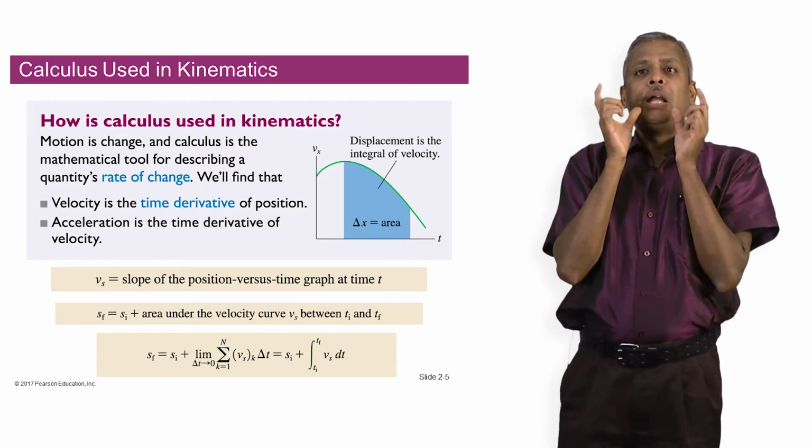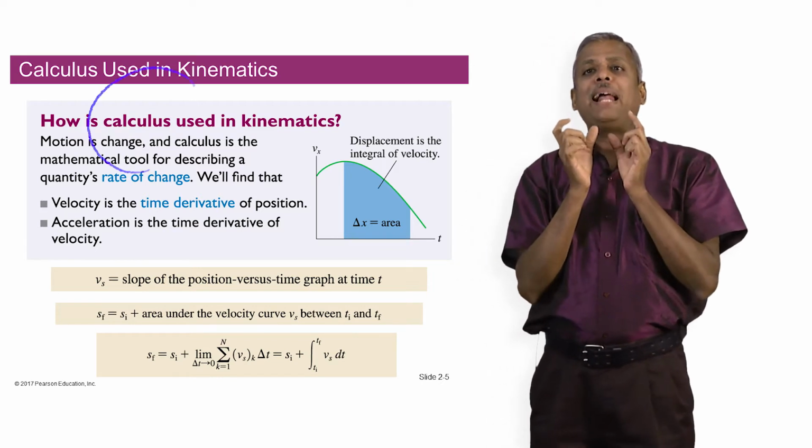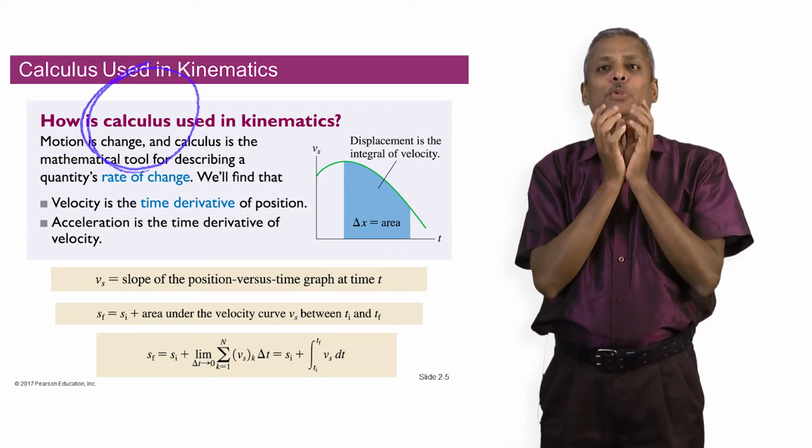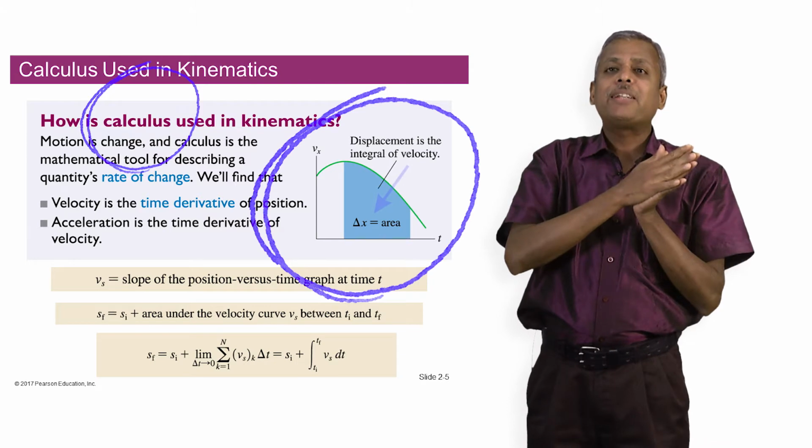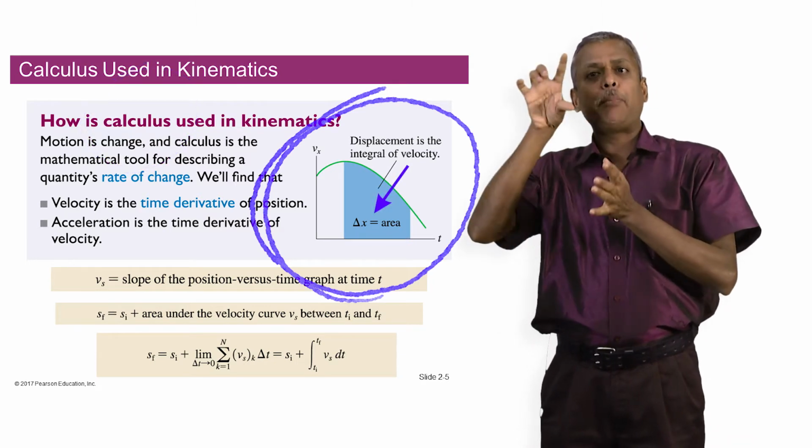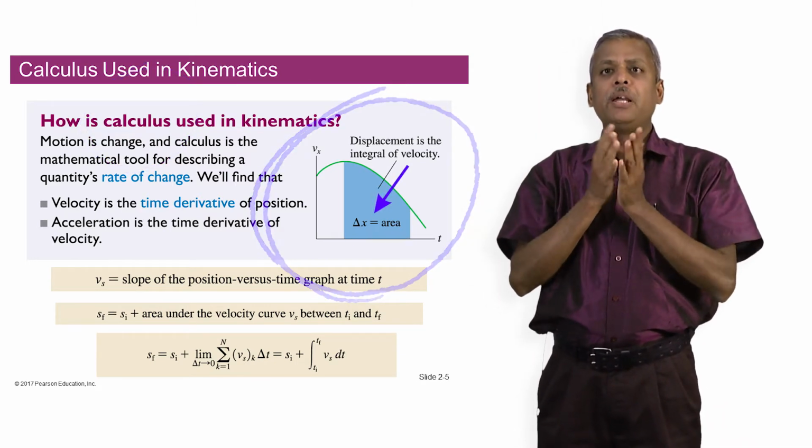So I have to take the help of calculus and integration to work on either the area under the curve or integration within the boundary of Ti and Tf. I can get the parameter that's called Vs delta t.